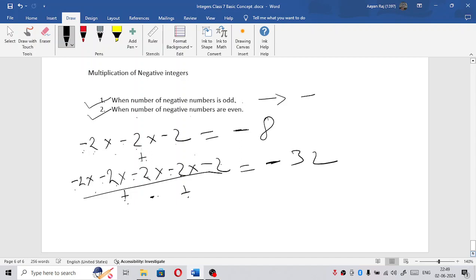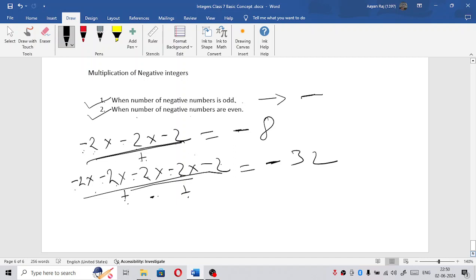So the statement holds that when the number of negative integers is odd, then your sign would be minus. So when we see that the number of negative integers is odd, we can simply put minus, and then we can multiply those numbers.